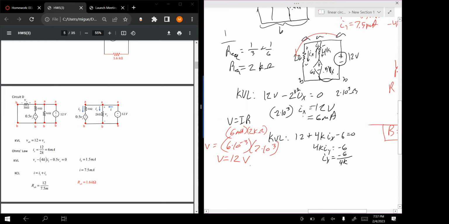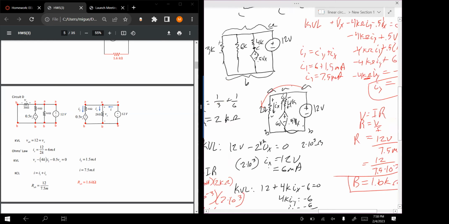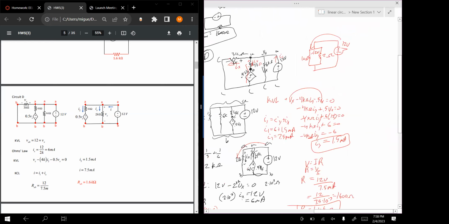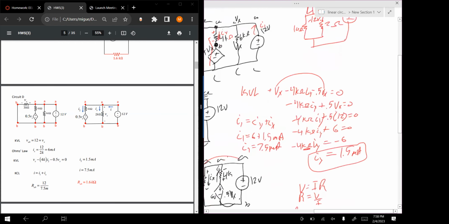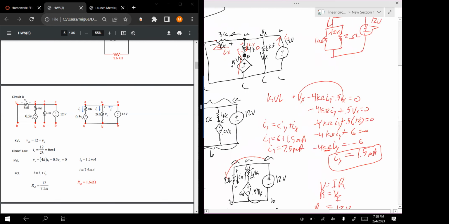And then to find the equivalent resistance, we needed to look at the greater image of the circuit. So that's why we jumped back up to this unsimplified circuit, because the goal was the resistance of the whole circuit, not just these two resistors that we combined. That's why we did a second KVL of this part here, showing the 4 kilo ohm and the voltage dependent source.